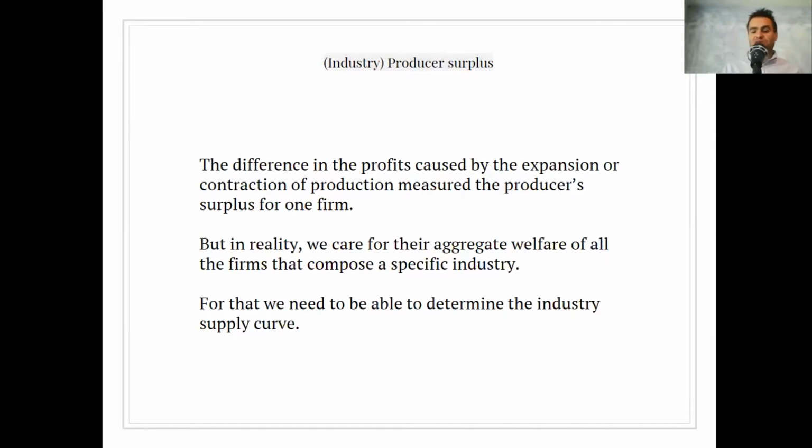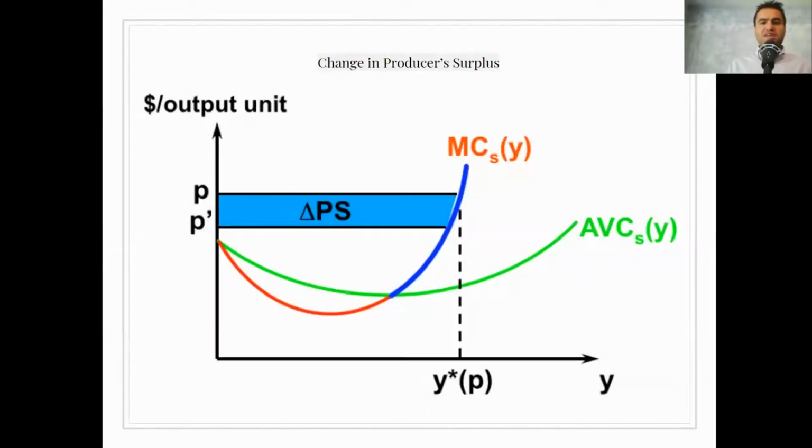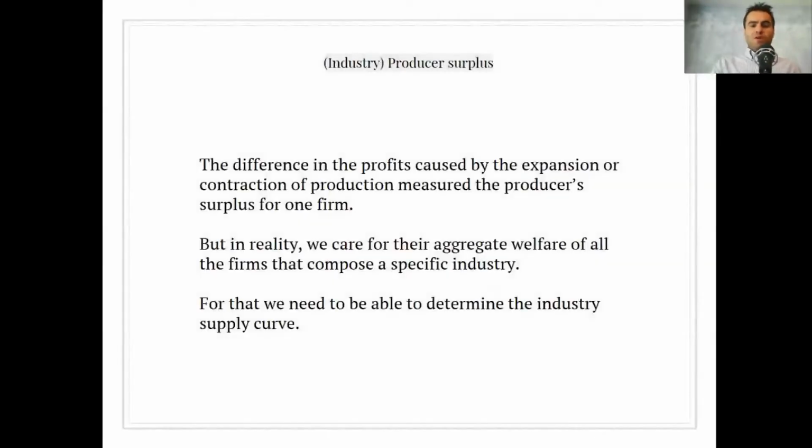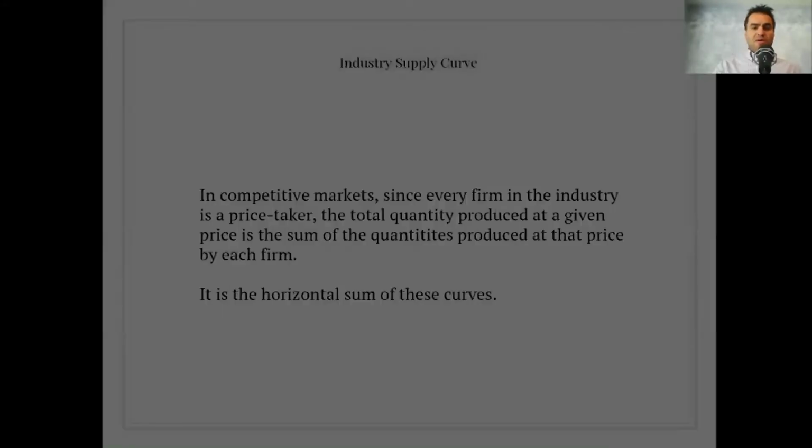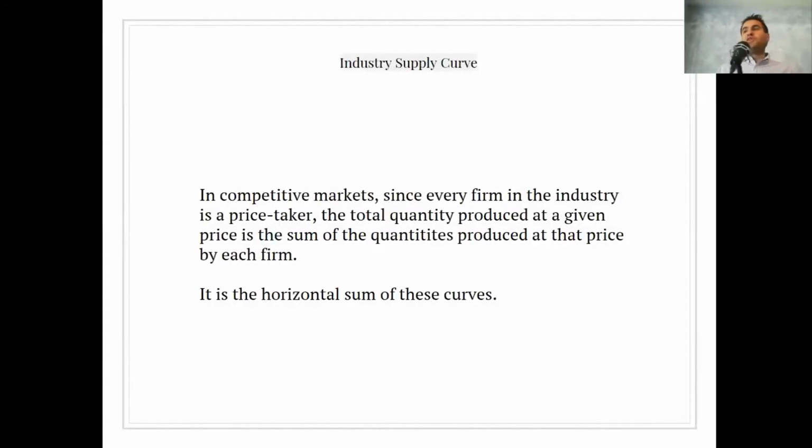But in this case, this is not just a regular, let's get the area of a triangle type thing, because as Patricio mentioned last class, you would need integrals to calculate the individual producer surplus of just one firm. So for the entire industry, we do a similar process in which we add the different supply curves of the different firms.